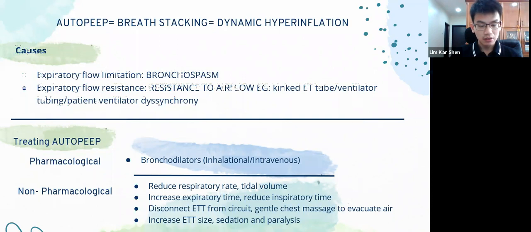Non-pharmacological is through changing ventilator settings: reduce respiratory rate, reduce tidal volume, increase expiratory time, reduce inspiratory time. Or disconnect the ETT from the circuit and give the patient a gentle chest massage to evacuate the air. Or even increase the ETT size, and increase the sedation and paralytic agent.